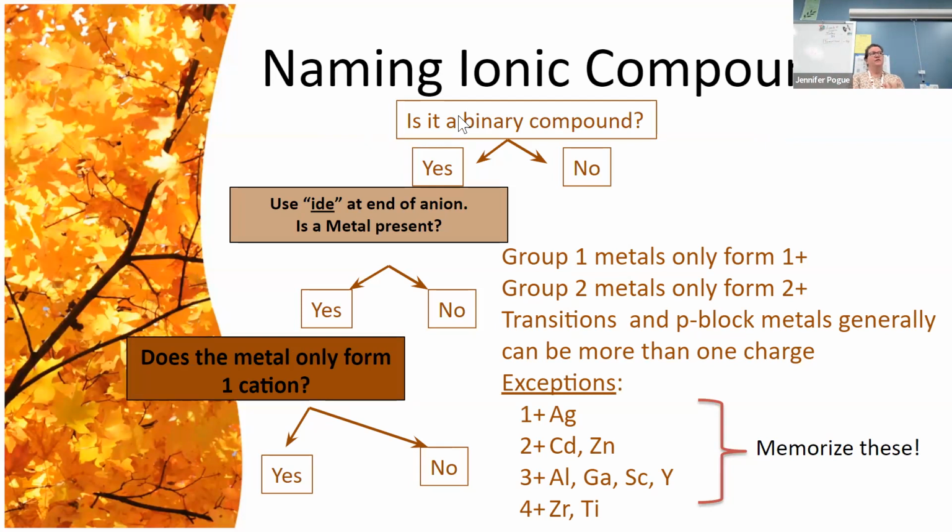Does the metal form only one possible cation? Here's how we know that that is true. Group 1, alkali metals, always form a +1. Group 2 always forms a +2. We're good.